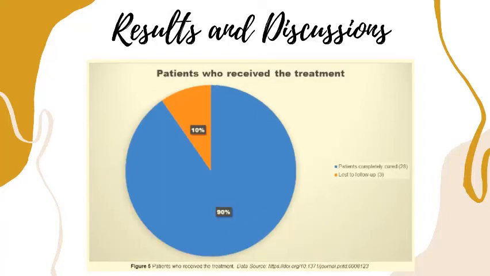Lastly, Figure 5 shows the percentage of the patients who received the treatment and were either completely cured or needed to follow up. Out of the 31 patients, 28 or 90.3% were completely cured, while 3 or 9.7% were lost to follow up.